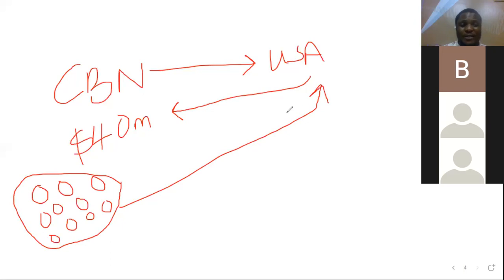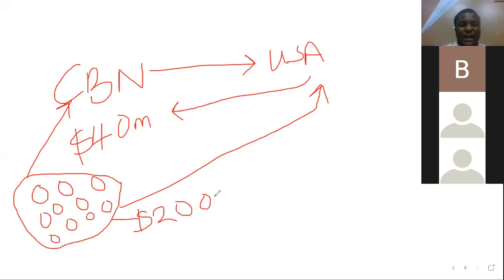So they will come and meet CBN. Please, we need dollars. We have your Naira, but we cannot carry Naira to America. The CBN will ask them, how much do you need for the goods you want to import? They will tell them we need $200 million.